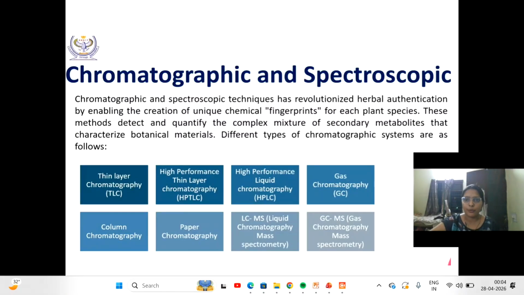Next, chromatographic and spectroscopic identification and authentication.